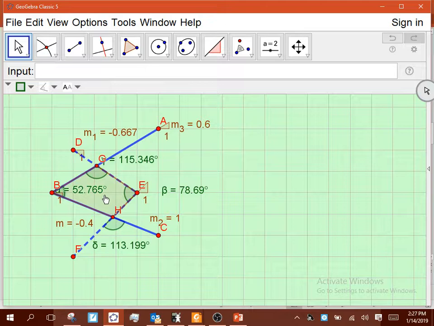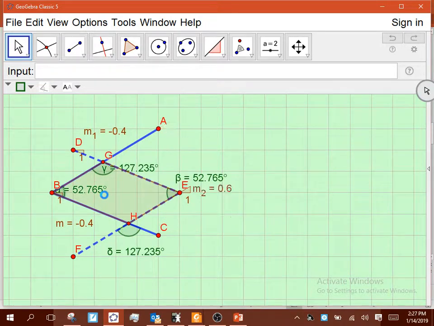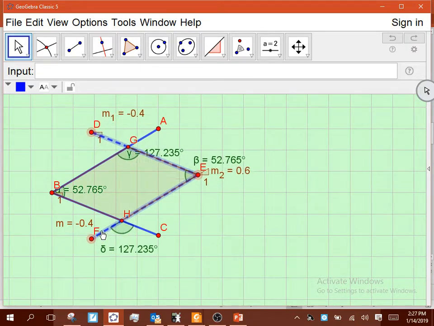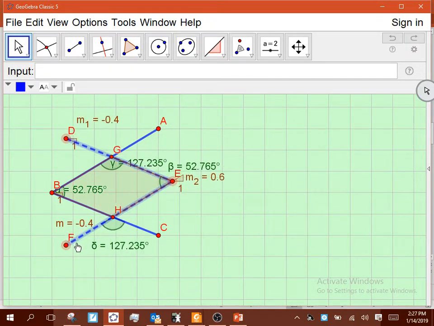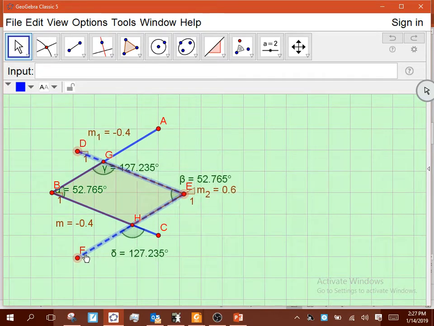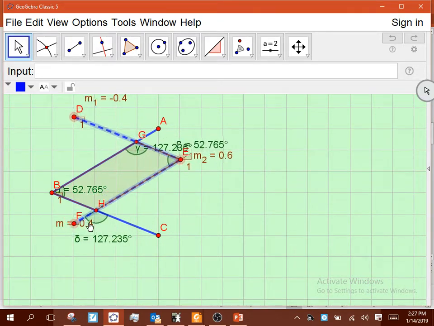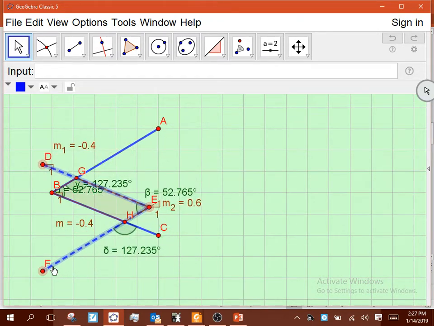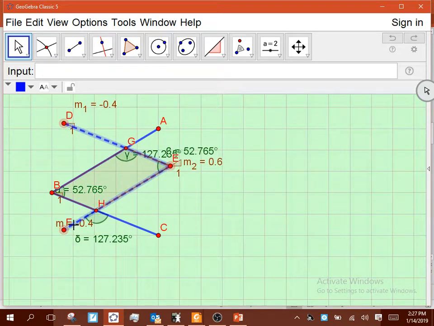But probably not even a kite. So we move all of these. When I do that, are opposite angles still remaining congruent? Yep. So is that maroon quadrilateral always still a parallelogram? Yeah. Okay.